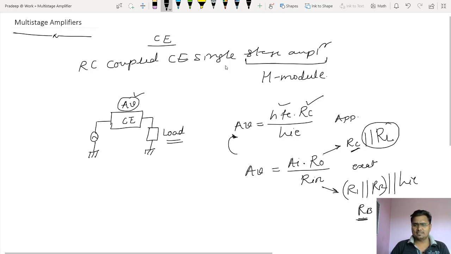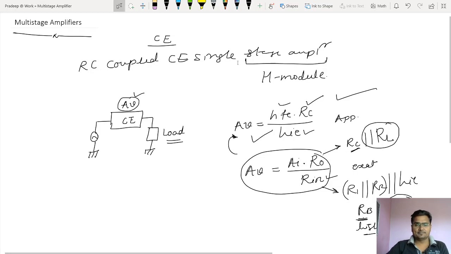When a high value of resistance is in parallel with a low value of resistance, the equivalent resistance is about HIE. So in the approximate model we put Rin equal to HIE. It's just a revision of what we did last semester. Whenever I say write the equation for voltage gain, people write the approximate one, but the actual equation is this, from which we derived that one.